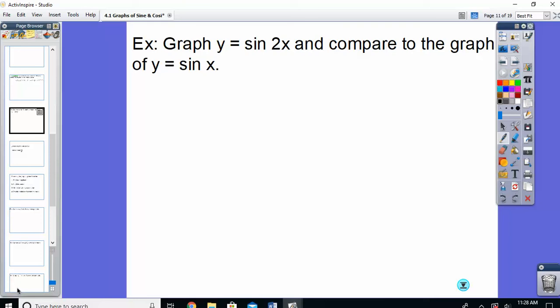Let's graph this one and see what happens. So y equals the sine of 2x. On your x-axis: 0, pi over 2, pi, 3 pi over 2, and 2 pi.